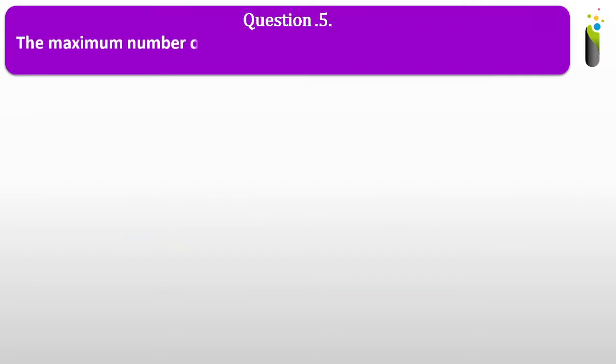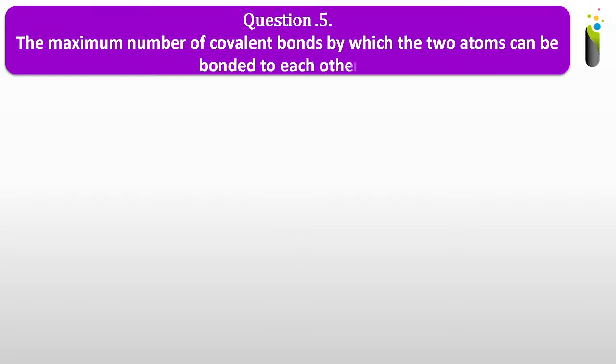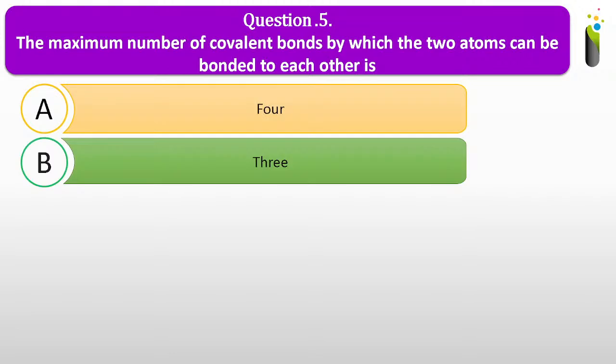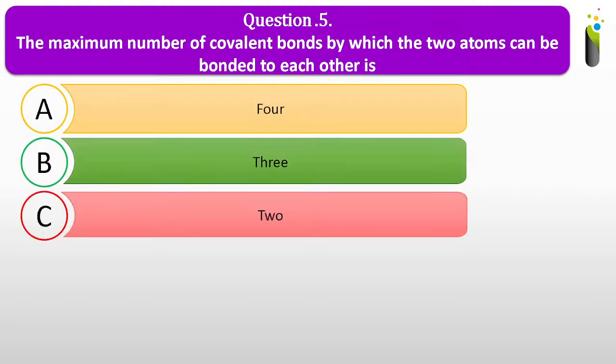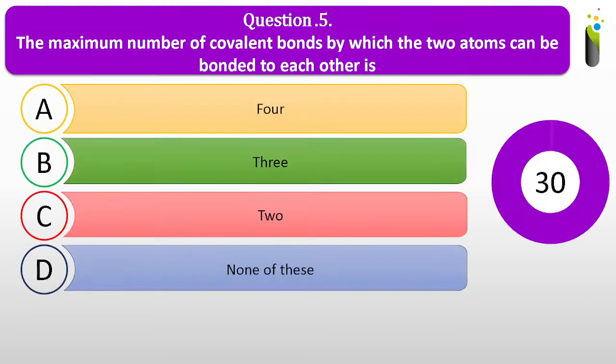Question number 5. The maximum number of covalent bonds by which two atoms can be bonded to each other is dash. A. 4, B. 3, C. 2, D. None of these. So what is the answer for this question?